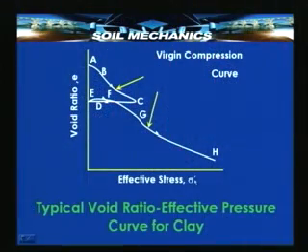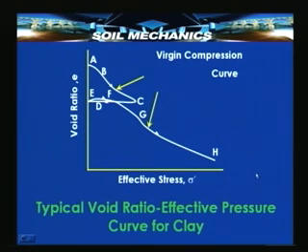Okay. Now, we were talking about the odometer test, the dial gauge readings and the computation of thickness change and void ratio. Now, take a look at the typical odometer curve. The odometer tells us for any given stress that is applied, what is the corresponding void ratio and how the void ratio changes with application of stress.